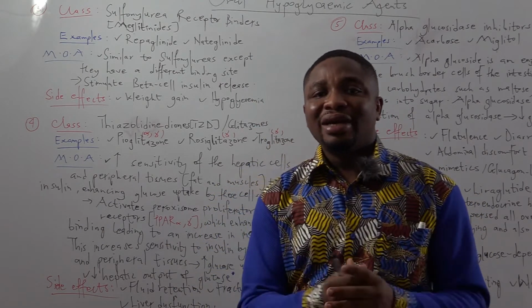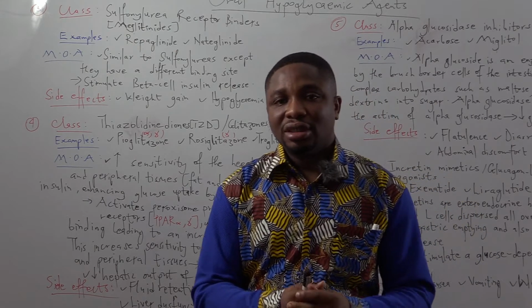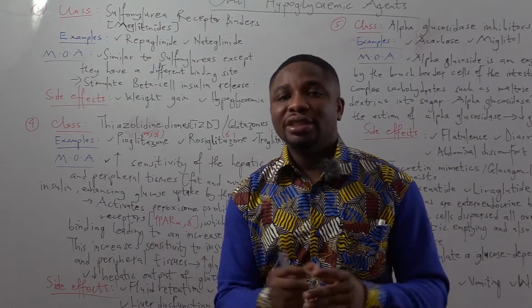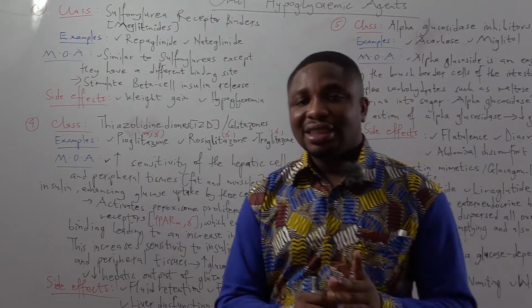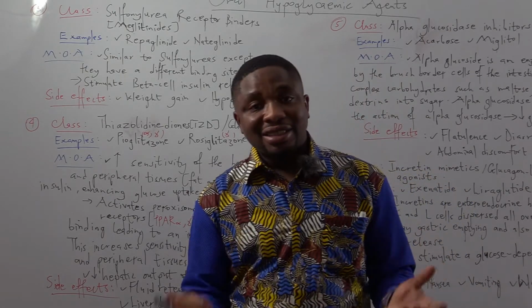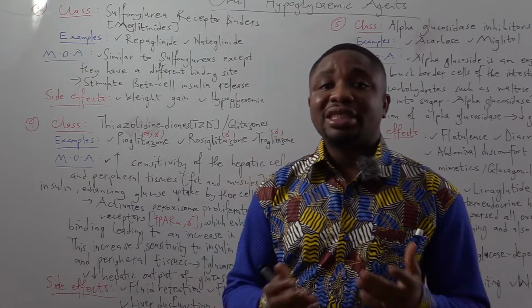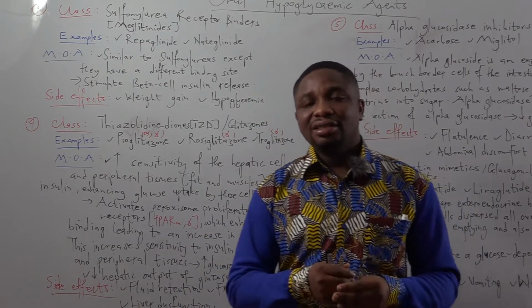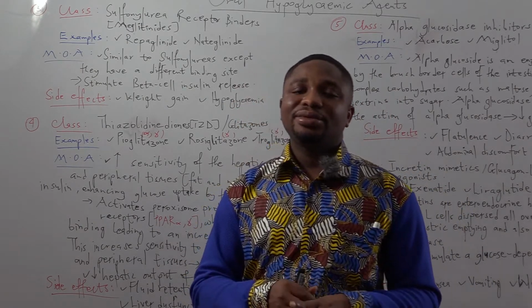And once ligand binding is enhanced, it increases insulin signaling, and by so doing increases the sensitivity of hepatic cells as well as peripheral tissues, that's the muscles and the fat, to insulin, enhancing glucose uptake by these cells.